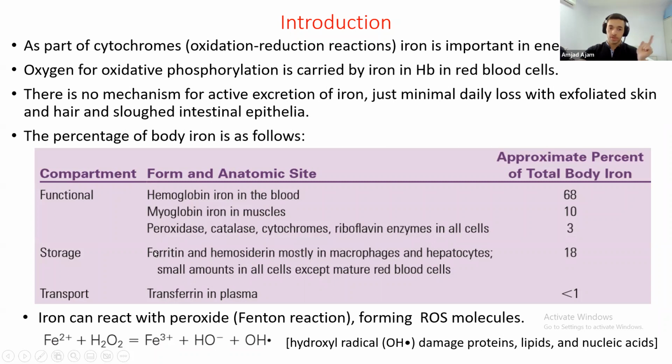Okay, so those are important. So ferritin stores iron inside, and transferrin will transport the iron in the plasma. Most of the iron in our body is stored either in the macrophages or in the hepatocytes. All the cells in our body contain small amounts of iron, but mostly macrophages and hepatocytes.